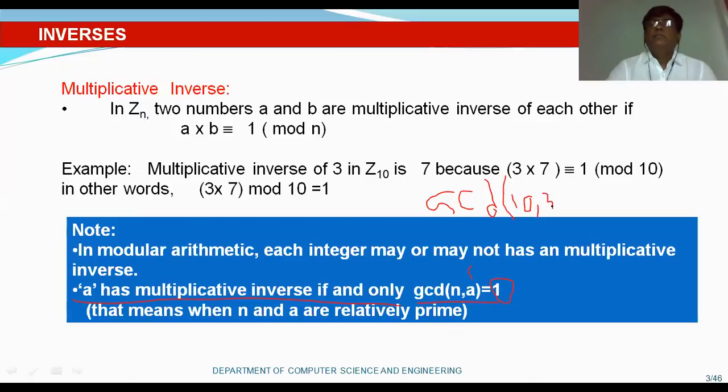GCD of 10 comma 3 is equal to 1. How to get this one? We have a very simple calculation.